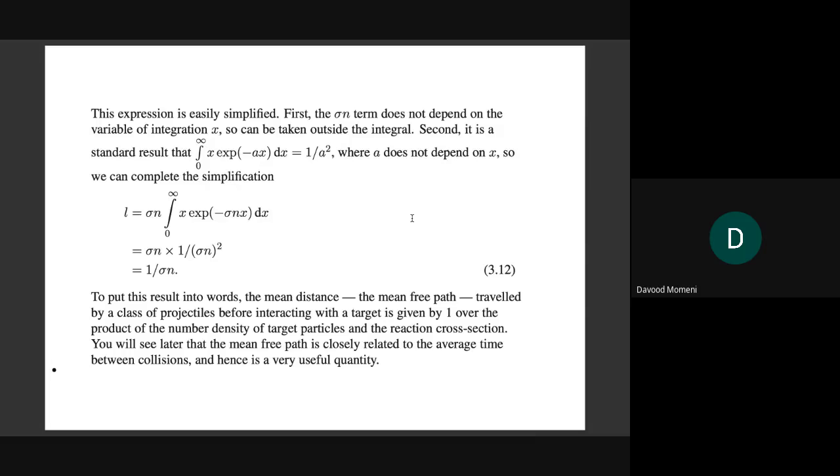The mean free path is actually the average distance traveled by the projectiles or particles before they interact with the targets, and this is given by 1 over sigma n. Sigma is the total reaction cross section, and n is the number density of targets.